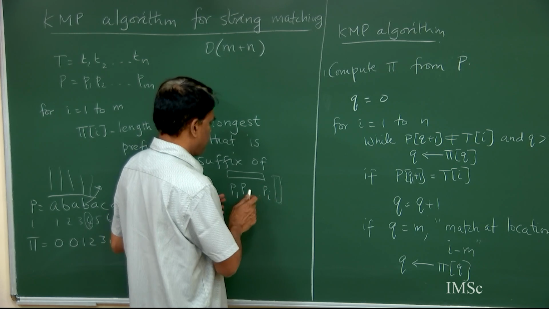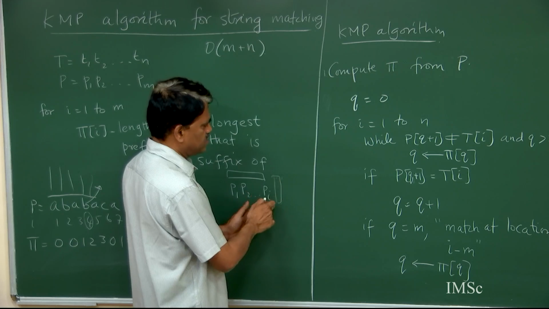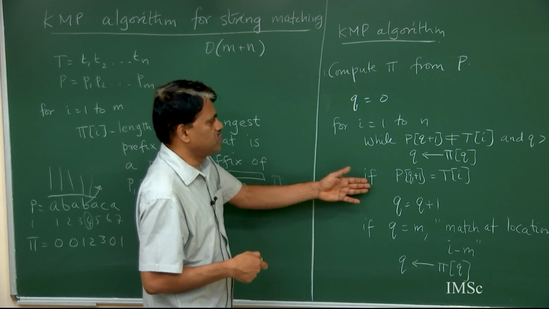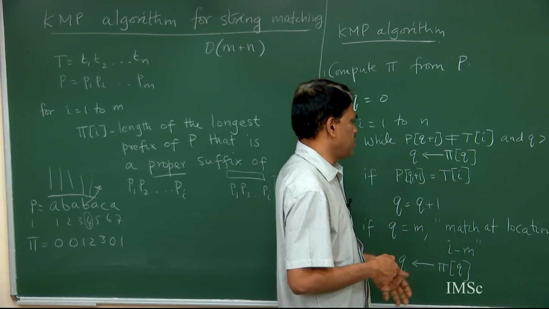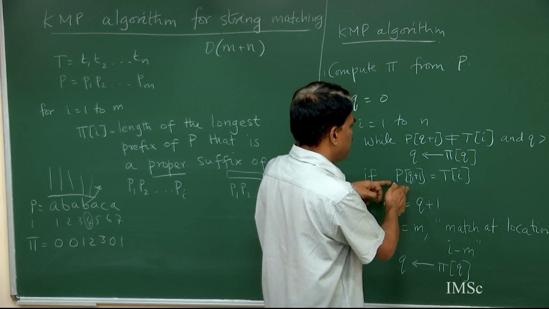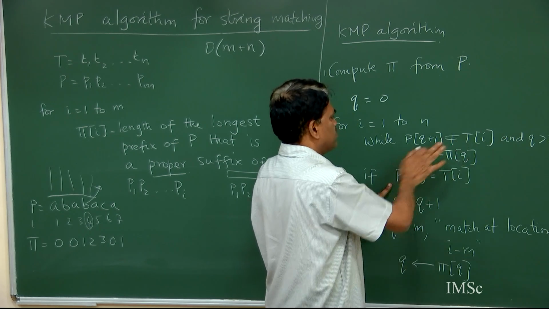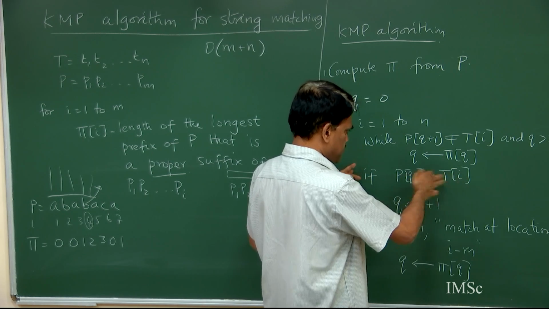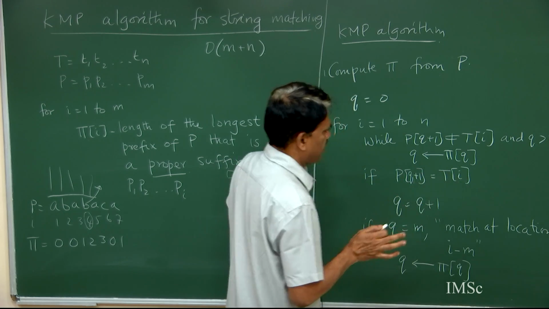So, I start fresh with the next character and with P1. Q might become 0, then I am just checking P1 and Ti. If it matches, great. Even if that does not match, then I move on comparing P1 with the next character of text. i changes, Q does not change if there is a mismatch here, which is all fine.